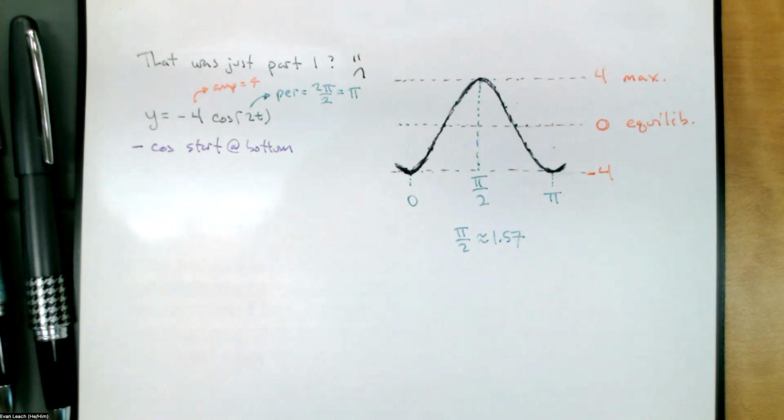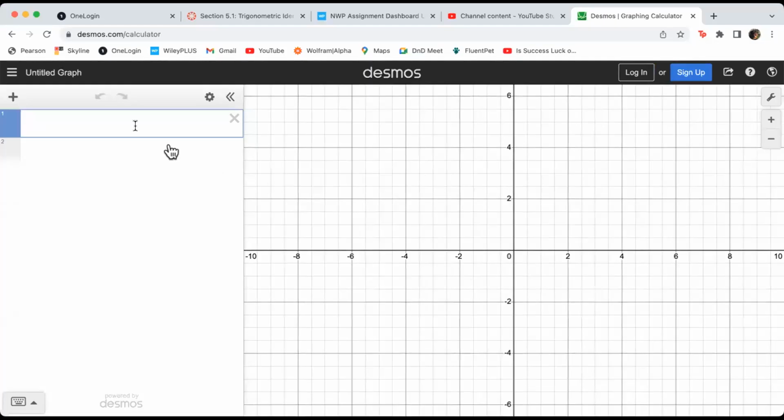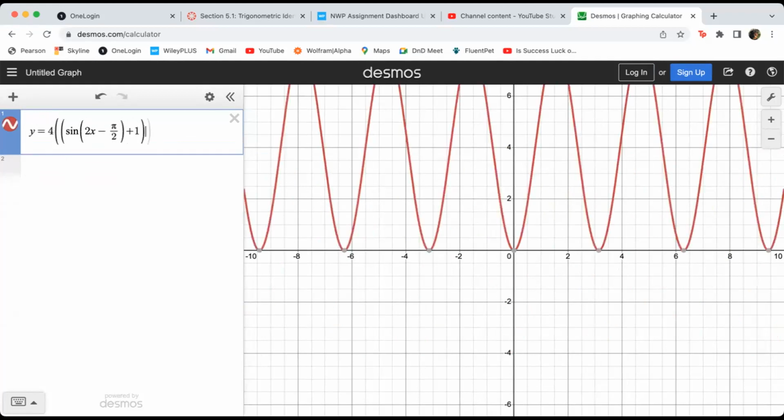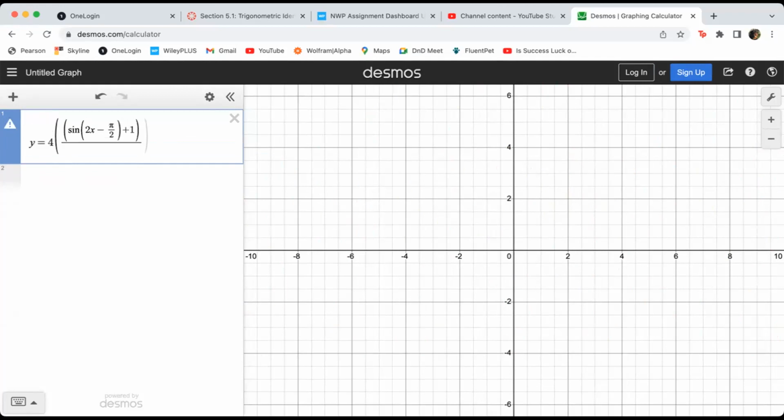So what that means is that we could have just gone in here and graphed y equals 4 times the numerator of sine of 2t minus pi over 2, plus 1, close the numerator, divided by the denominator of 1 plus cosecant of the same 2t minus pi over 2.